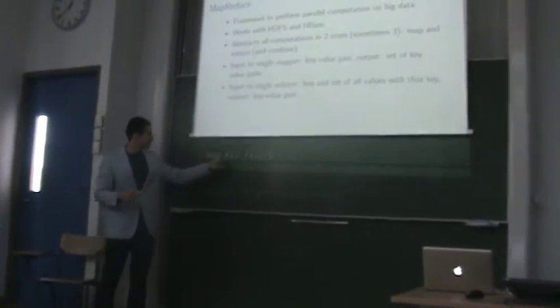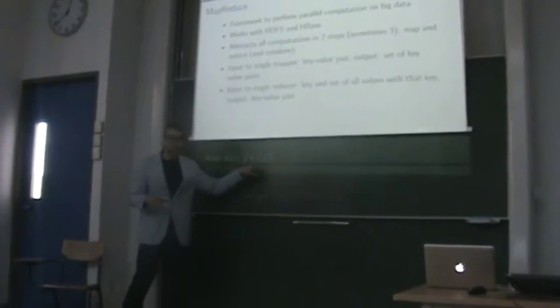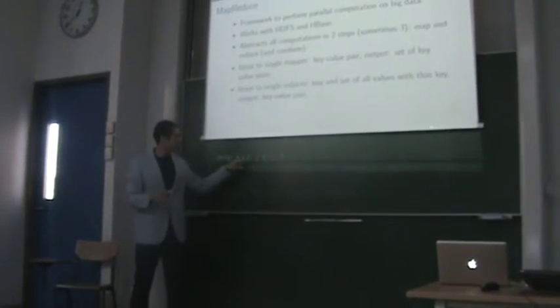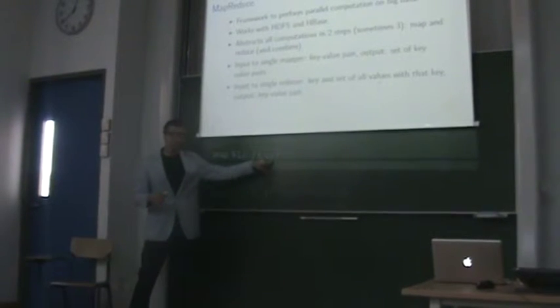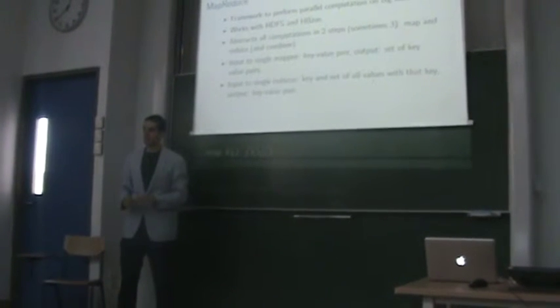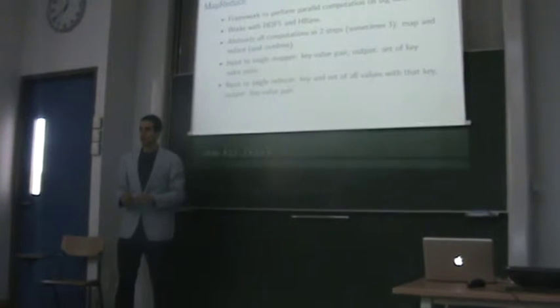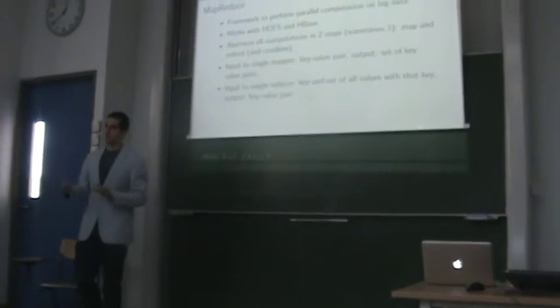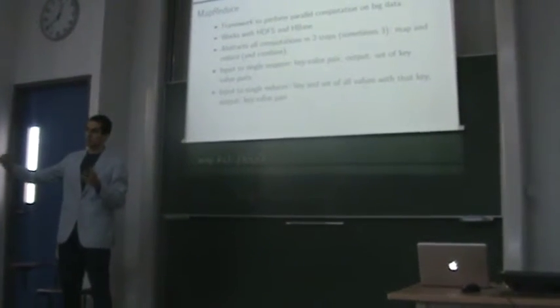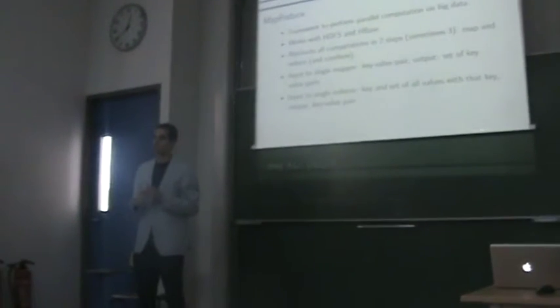So map would compute this function on every entry of the list. But again, each of these operations is totally independent of everything else. So you can do each operation so separately that you don't have to worry about machines talking to each other through memory.